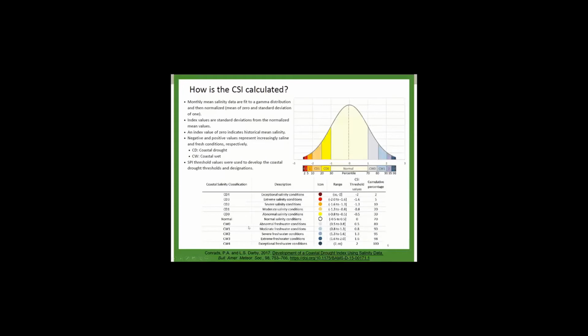For coastal wet or freshwater conditions, they range from CW0 to CW4, from 0.5 to +2, and go from abnormal freshwater conditions to exceptional freshwater conditions. The standardized precipitation index threshold values were used to develop these thresholds and designations. This was developed and published in a Bulletin of the American Meteorological Society paper in 2017 by Conrads and Darby.